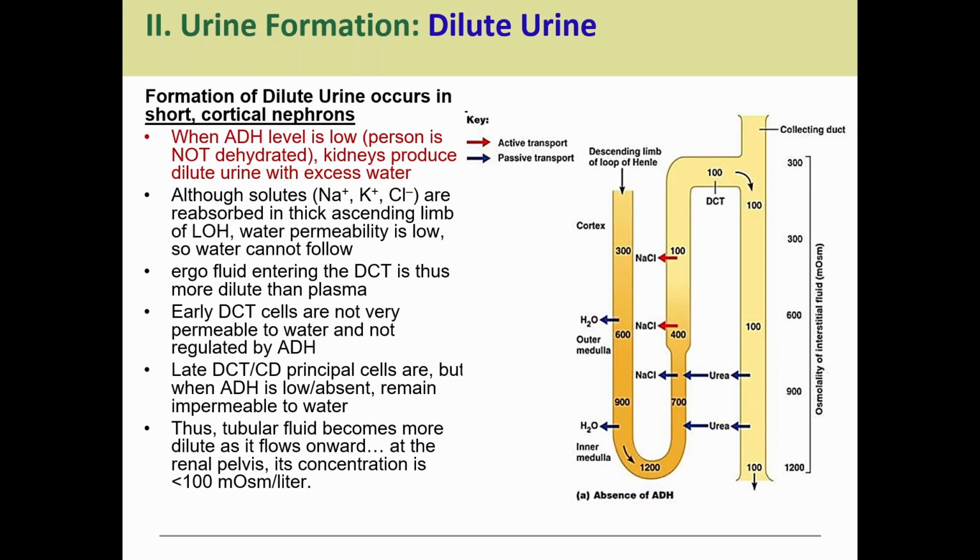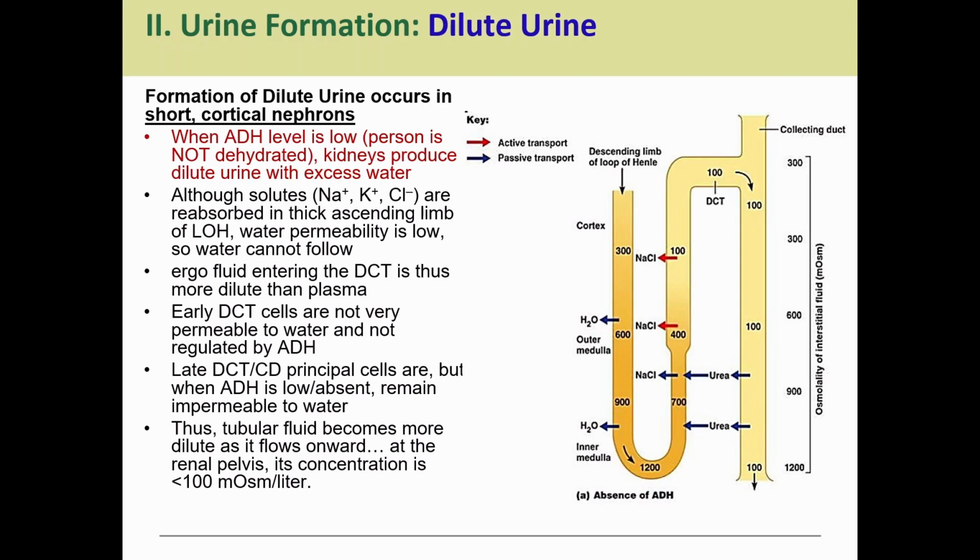Now, dilute urine, remember if we talked about cortical versus juxtamedullary nephrons, remember dilute urine's coming from the cortical nephrons. It's going to be really similar in terms of osmolarity to blood. So this is when you don't need a lot of ADH, your ADH level's low, a person is well hydrated basically. So we can produce dilute urine because we have an excess of water.